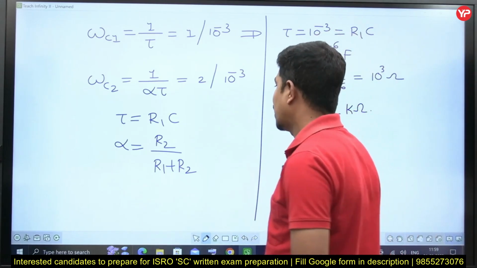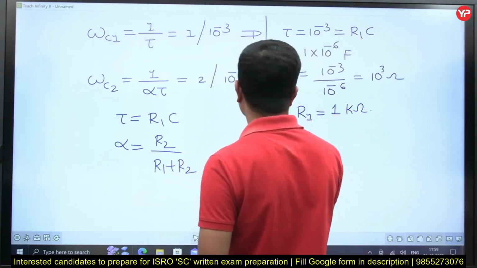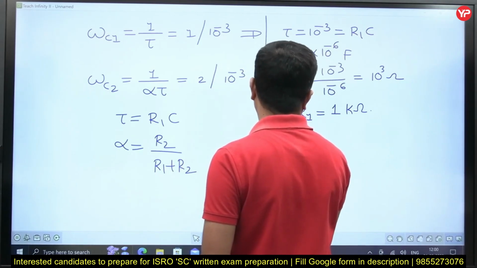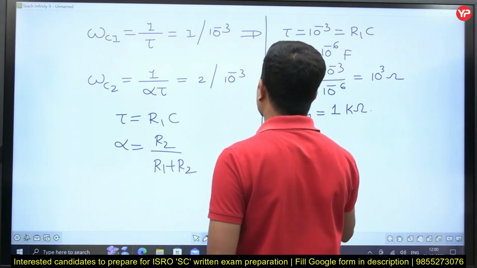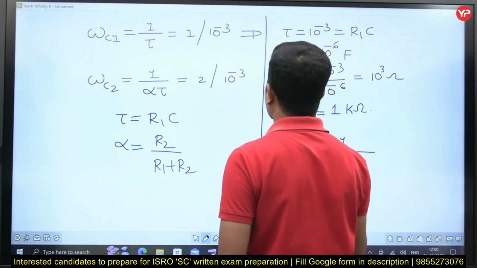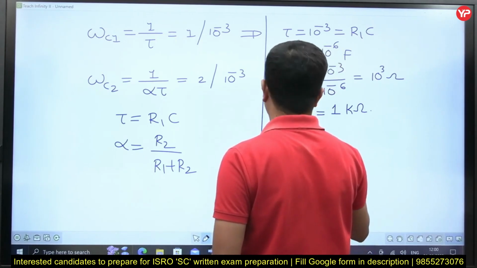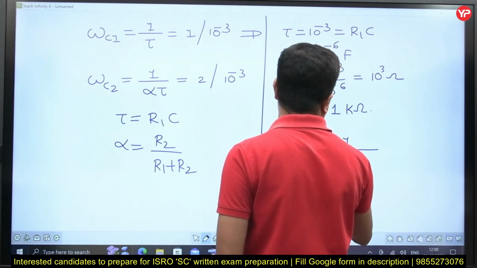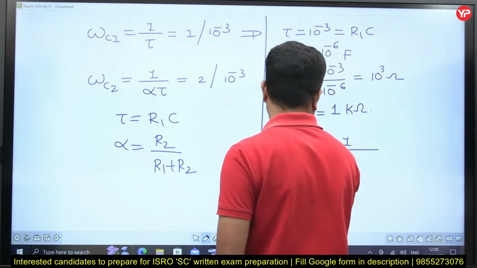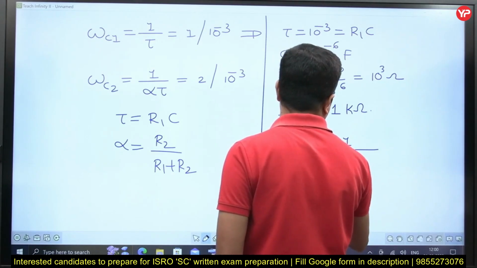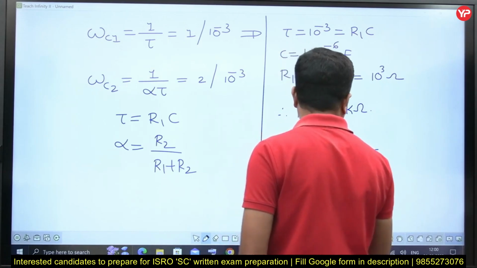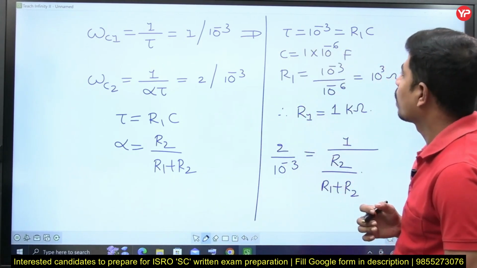For finding R2, what is omega C2? 2 by 10 to the power of minus 3 is equal to 1 by alpha tau, where alpha is R2 by R1 plus R2. How much is tau?